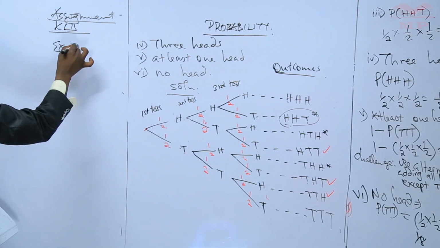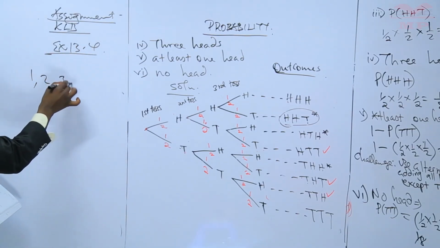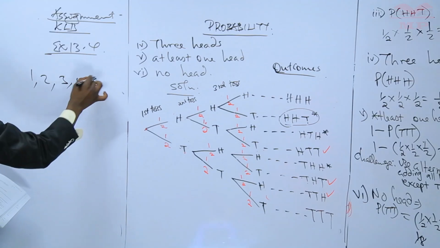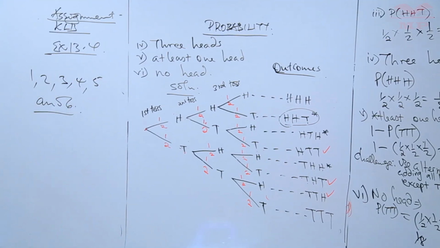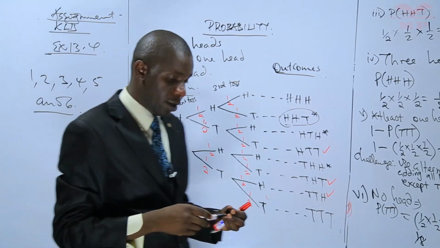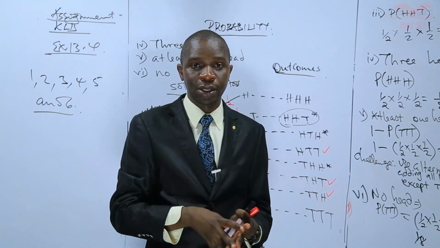KLB exercise 13.4. I want to leave number 1, number 2, number 3, number 4, number 5, and number 6. So this is the last part actually of this topic, but we will continue to do further examples in the next class.